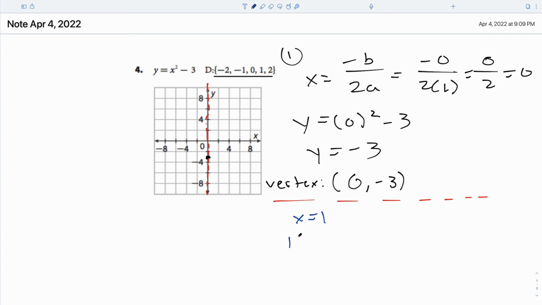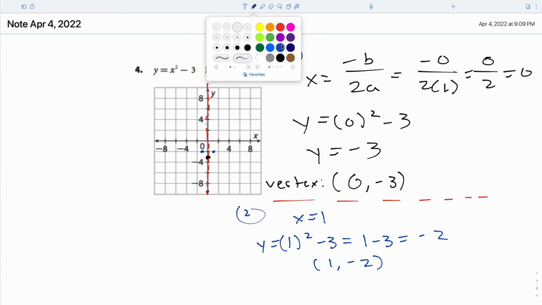Well, you plug that in, so that's going to be y equals 1 squared minus 3, which equals 1 minus 3, which is negative 2. So our first point is 1, comma, negative 2. Go over 1, go down 2. And I can make another point by reflecting across the axis of symmetry. Over 1, over 1. Great.